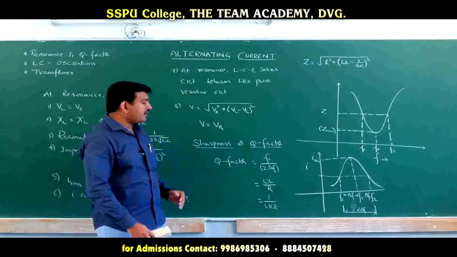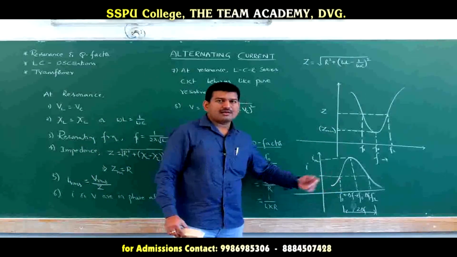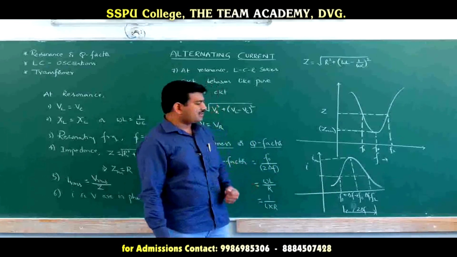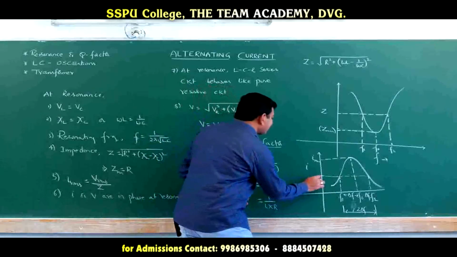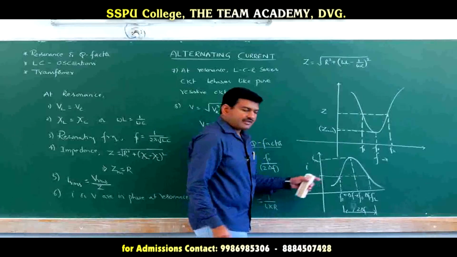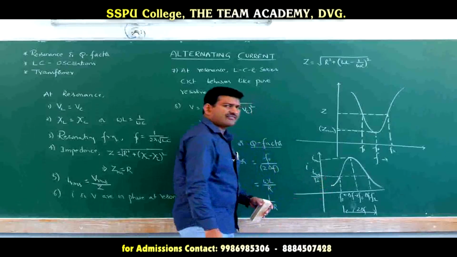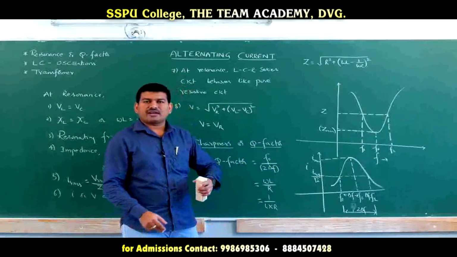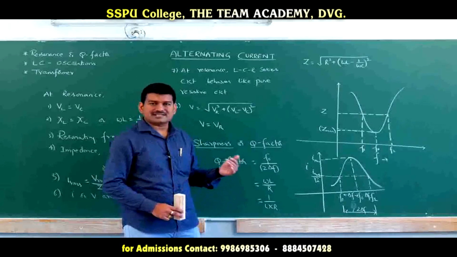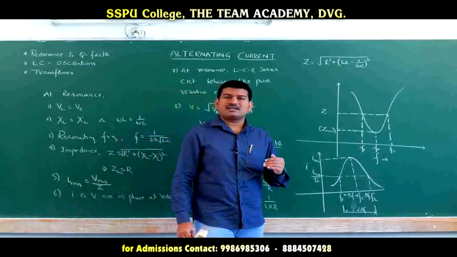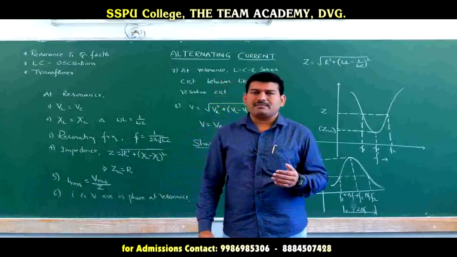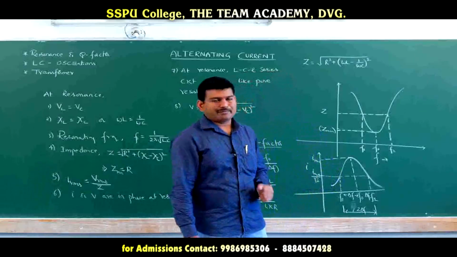And how to define these two frequencies in general, for our practical purpose? I will define this current as I maximum by root 2. What does I maximum by root 2 refer to? The peak value of current by root 2 is nothing but the RMS current. And for the current to be the RMS current, the power will be half of the maximum power.